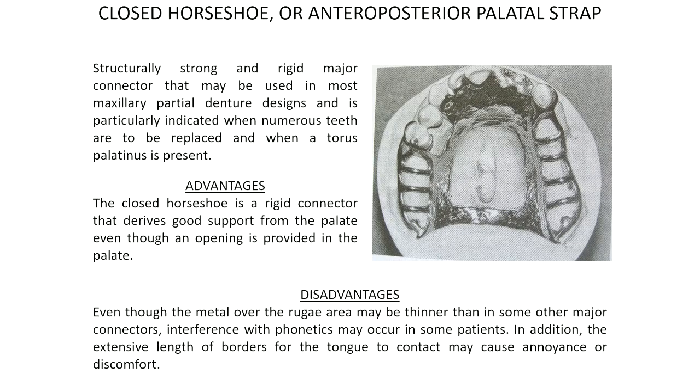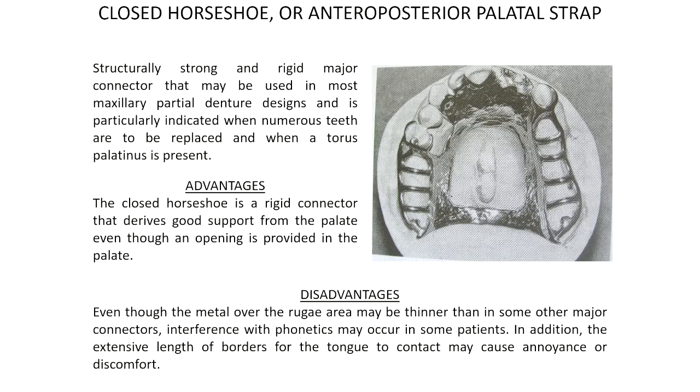Now coming to the closed horseshoe or anteroposterior palatal strap. Structurally it is a strong and rigid major connector, and it may be used in most cases of maxillary partial edentulousness, and it is particularly indicated when there are numerous teeth to be replaced, and when there is a palatal torus, which you know is most frequently seen along the midline of the palate.